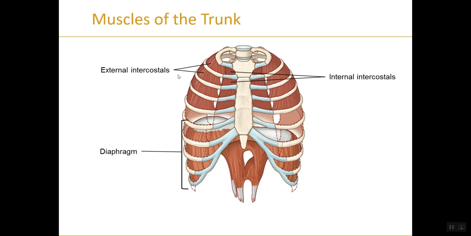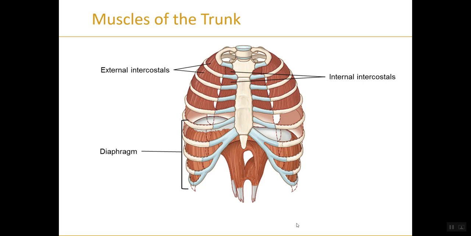The next part we're going to talk about is the muscles of the trunk. You have the external intercostals and the internal intercostals. These are muscles responsible for assisting with breathing, as well as the diaphragm.